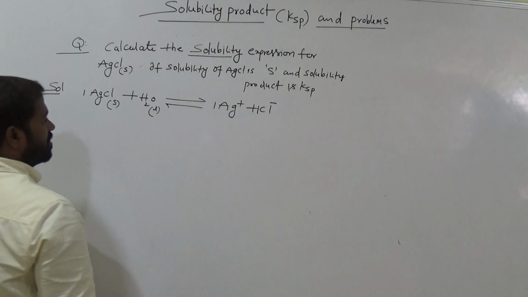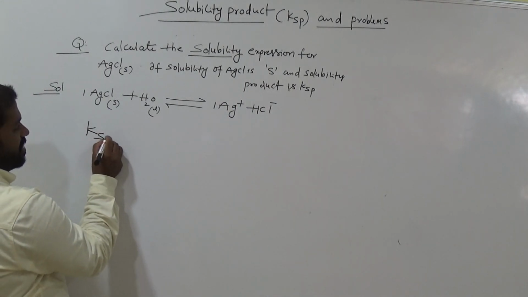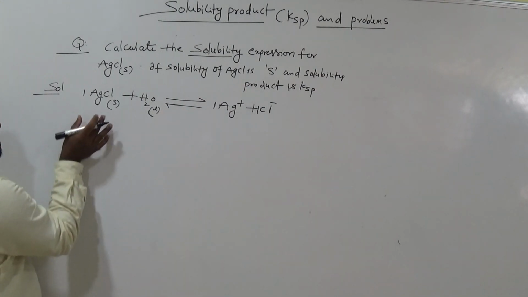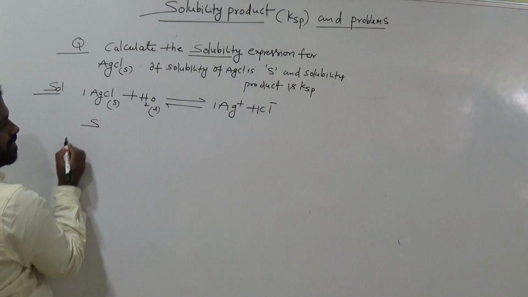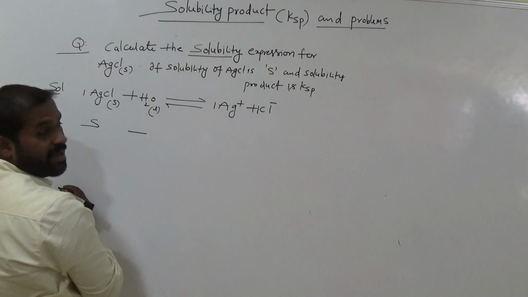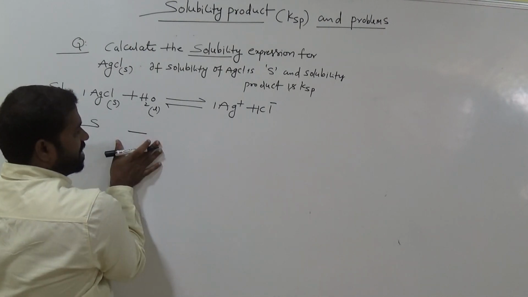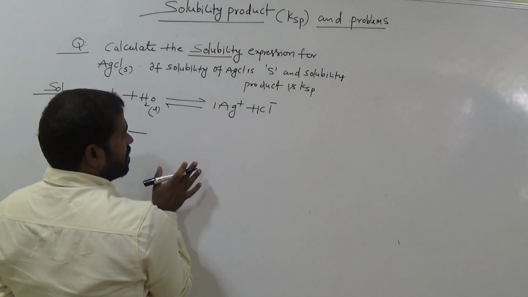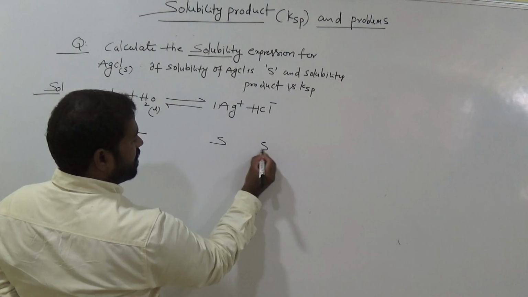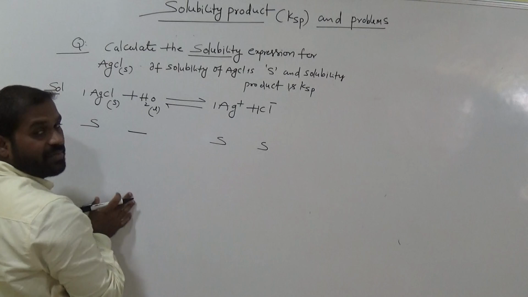Now write the Ksp expression for it. Before that, what is the given solubility of AgCl? S. 1 into S. For it is constant, why? Because pure liquid. So it is constant solubility, don't take it. And here 1 into S. Given solubility S, so 1 into S and 1 into S are formed here.